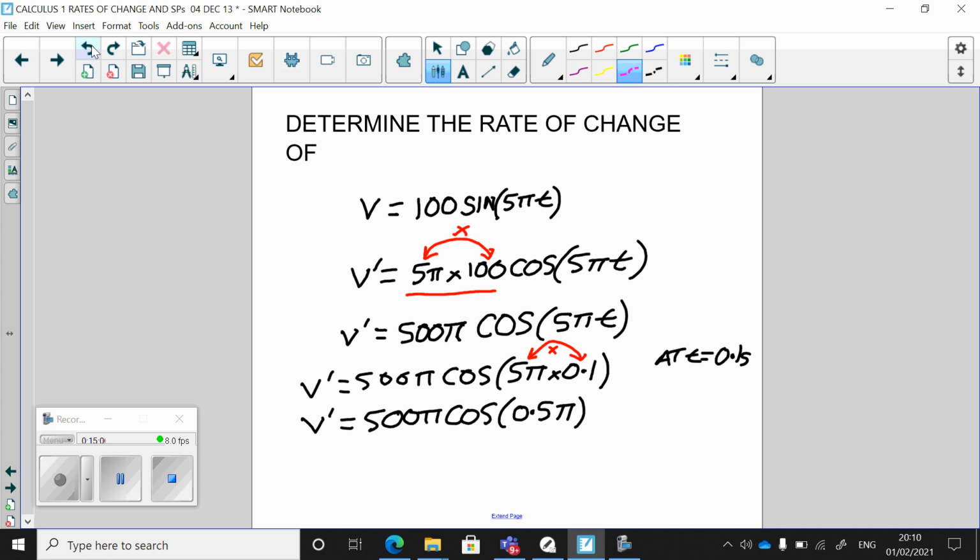Okay, calculator time. So just type in 500 times pi times cos, open the bracket, 0.5 times pi, close bracket, again being in radian mode here, and don't be surprised if you get an answer of 0. That's fine, because the cosine of a half pi is 0, and anything times that is going to be 0 as well.